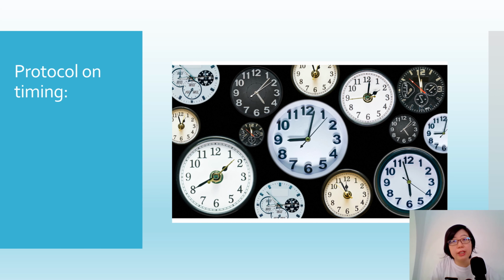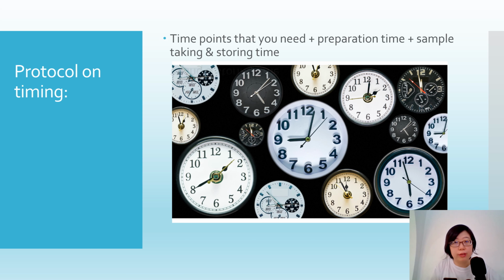So the implication of the whole time point is that the protocol is very, very extensive, and you need to take note of all the timing of all the activities that you do. For example, the time points that you need, like at 0 time point, 1 hour, 2 hours, 4 hours, 6 hours, depends, right?